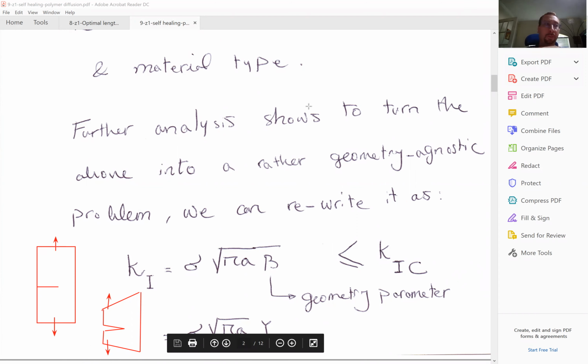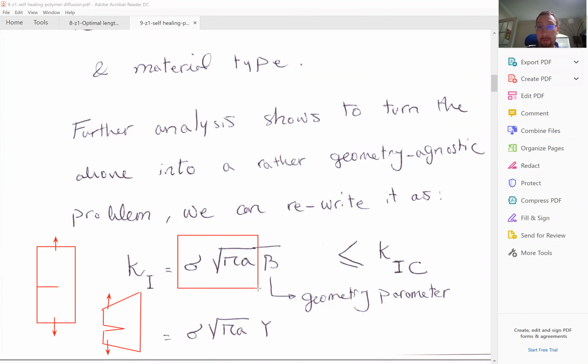So basically what we're saying is just like the previous statement: if this product reaches a critical value, which depends on the material and material geometry, the crack will grow. But the factor that defines geometry is taken out and brought up to this side. So now we have a material property that, independent of geometry, can predict failure.